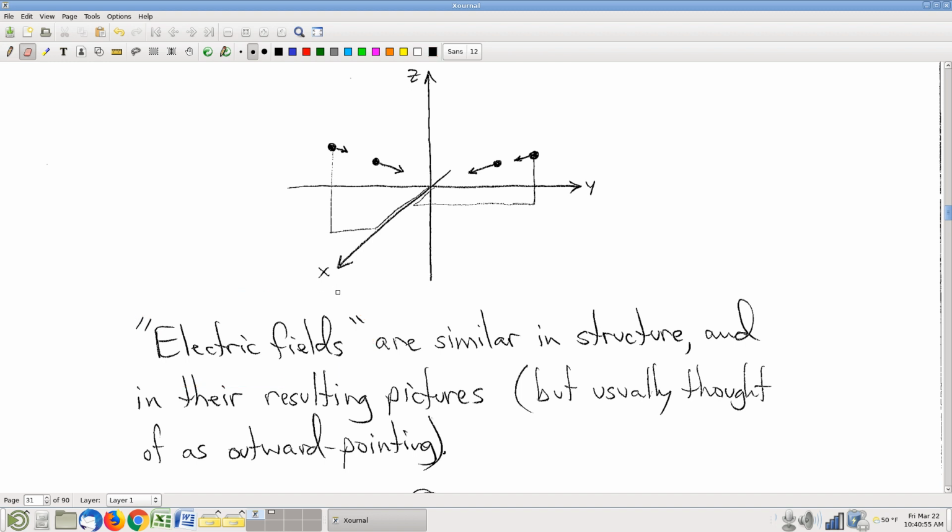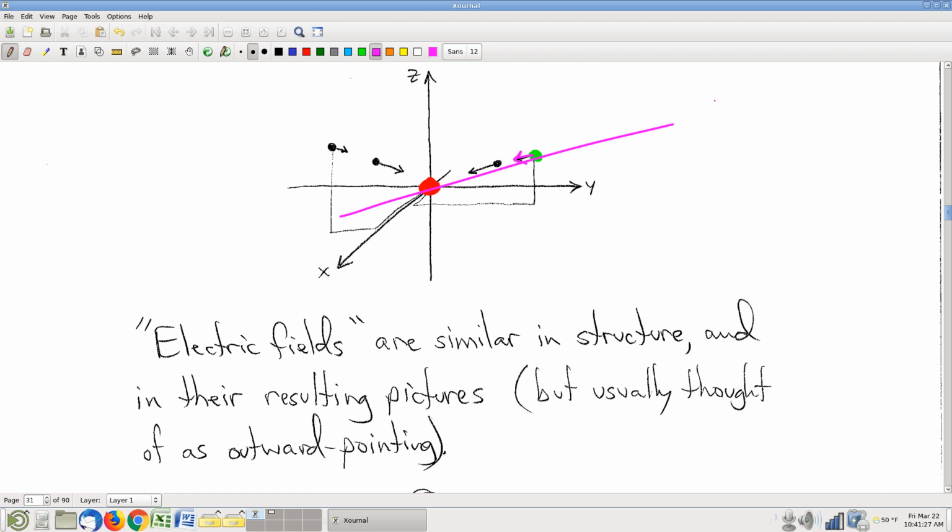If you have not a mass, but a charged particle at a point, then at a nearby point there is an associated electric force between these two particles, and that electric force is going to be in a direction along this line, and with magnitude that, as it turns out, is also inverse square.